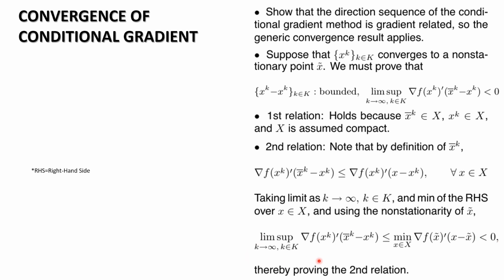Take the limit superior as k goes to infinity and minimize over all x. We can find that the limit superior of this expression is less than or equal to the minimum, and it should be negative.